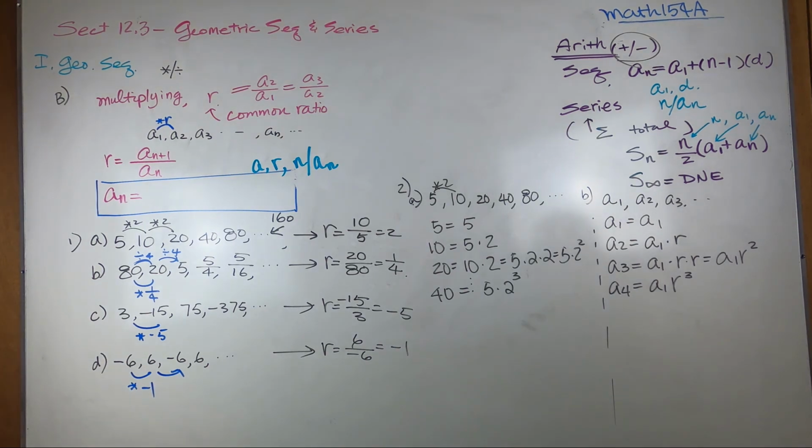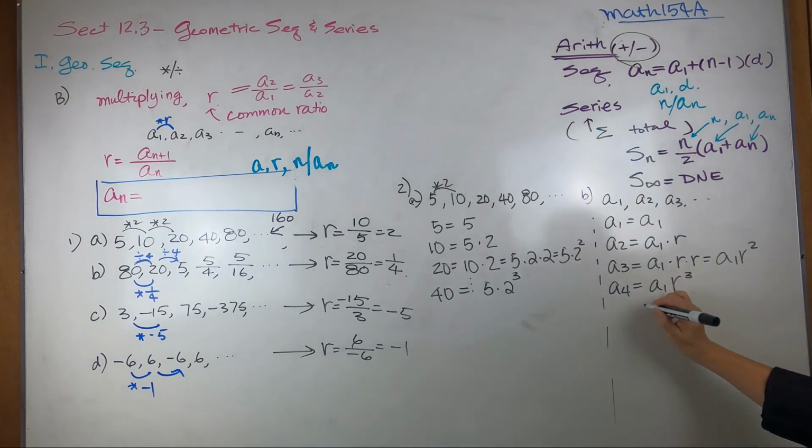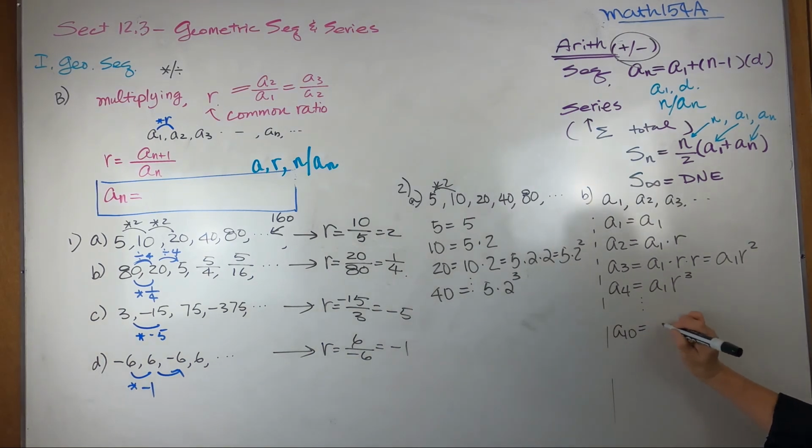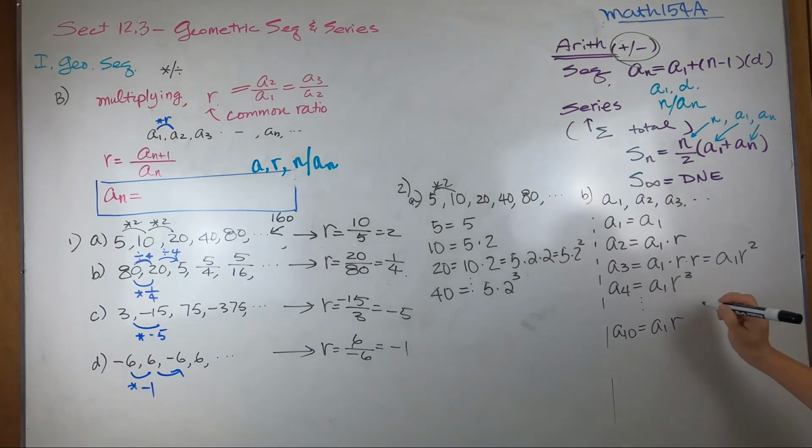So for the second term you just multiply by R once, and for the third term you multiply by R twice. So what do you think, for A10, A1 times R how many times? 9 times, is that right?